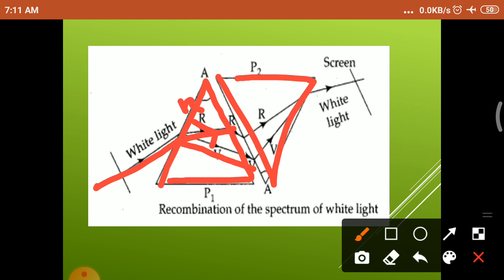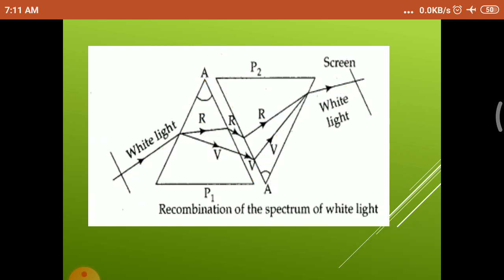The dispersed colors will fall on the next prism. When it comes out from the next prism, it gives a white light on the screen. So you have to write the correct name, R at the top, violet at the bottom.